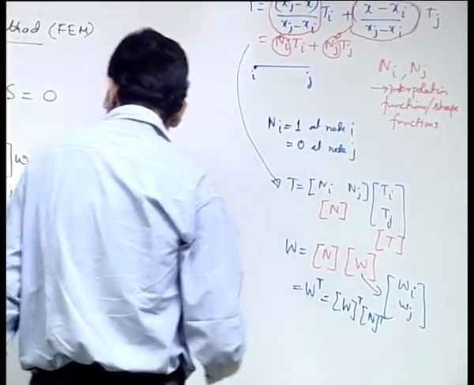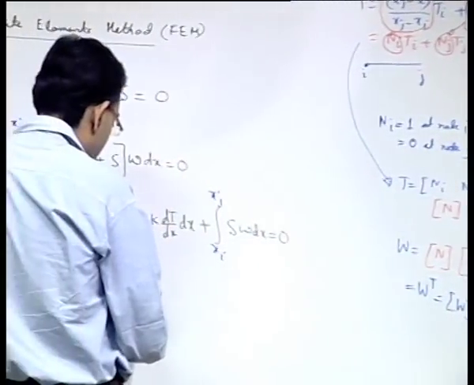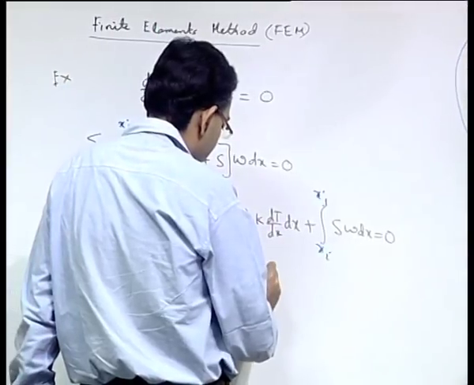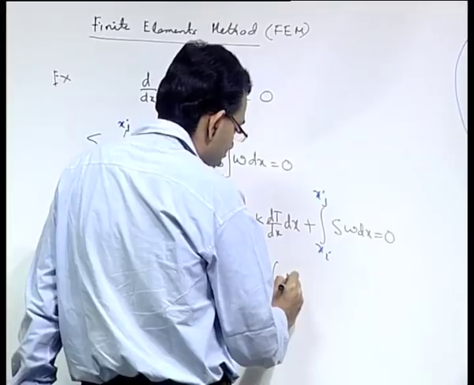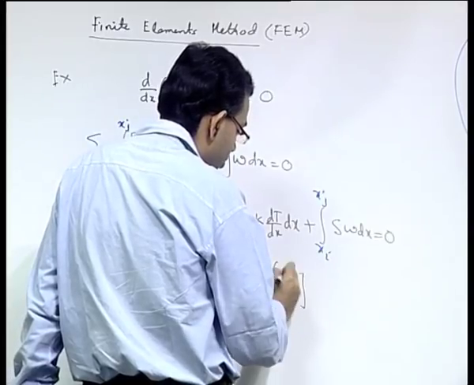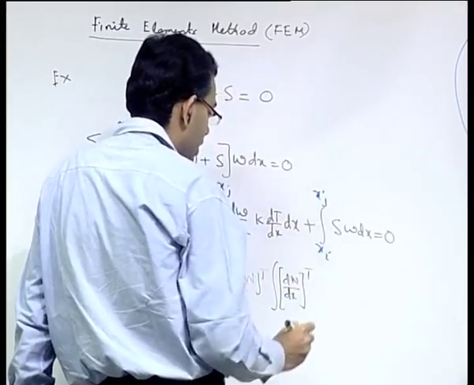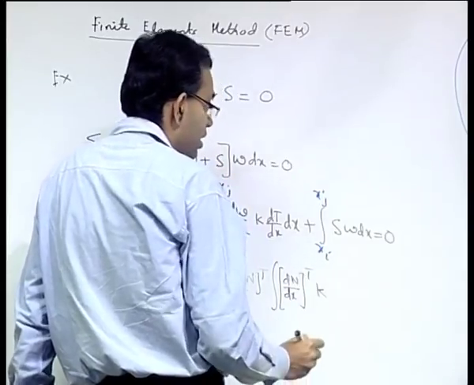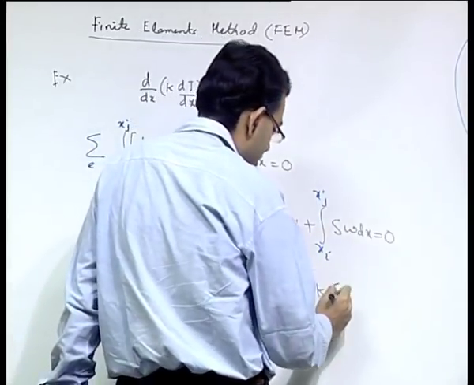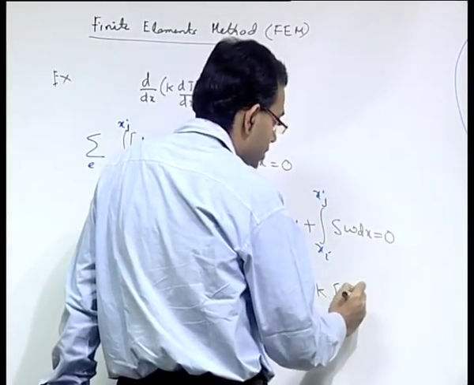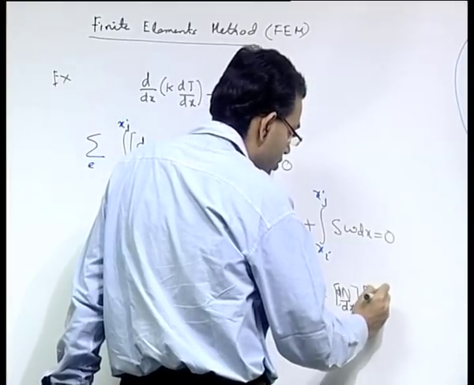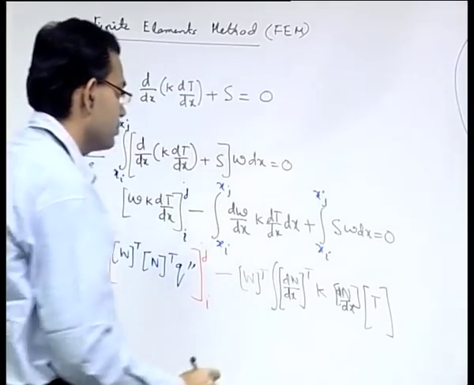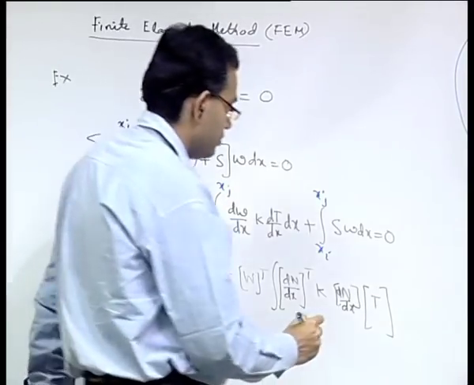So, you can write this as W transpose, then integral of dN dx transpose into k into dT dx, which is N transpose dN dx into T, dx.